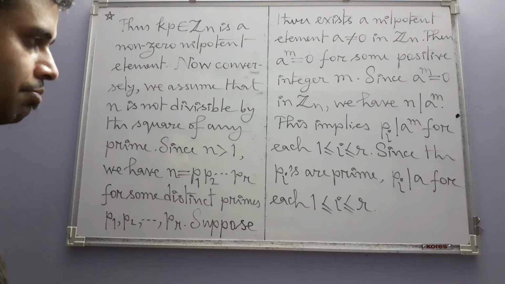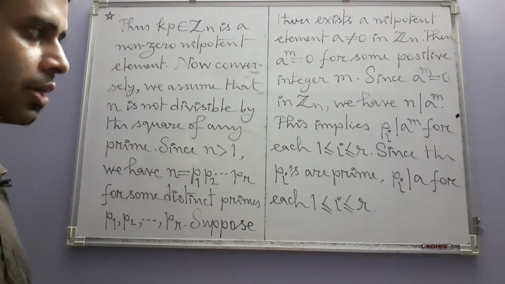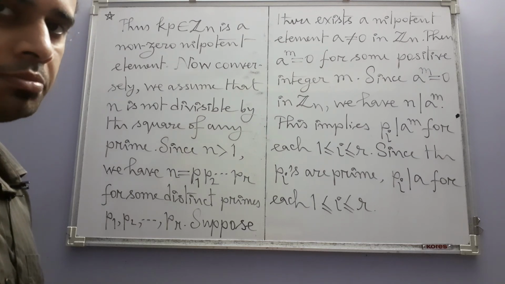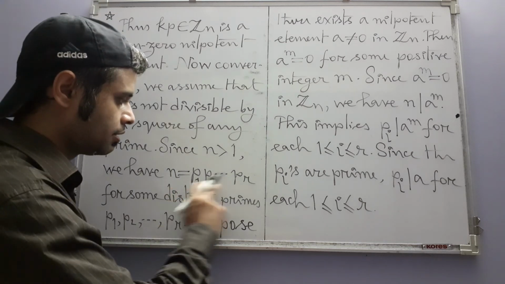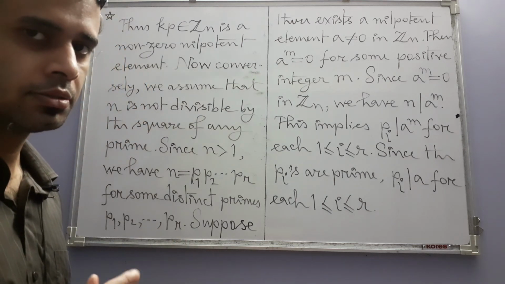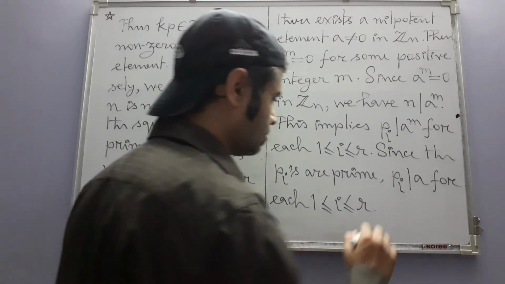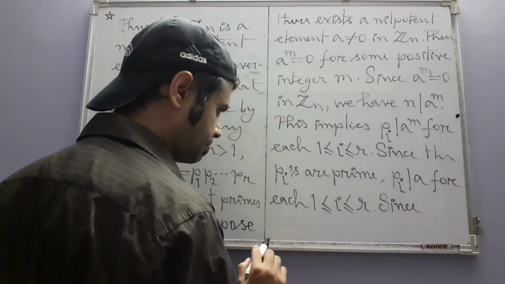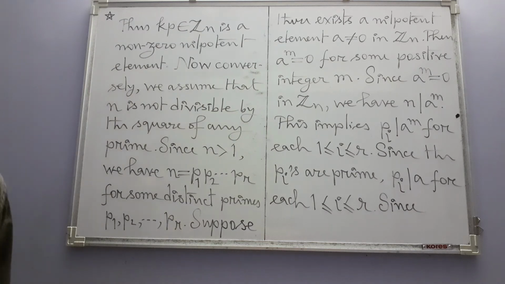Now because the pi's are distinct primes, they are pairwise relatively prime. That means if you take any two distinct pi's from here, then their greatest common divisor is 1.